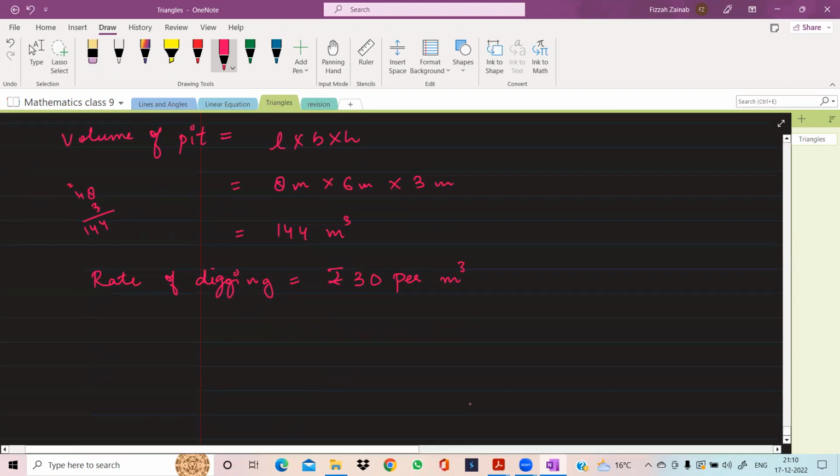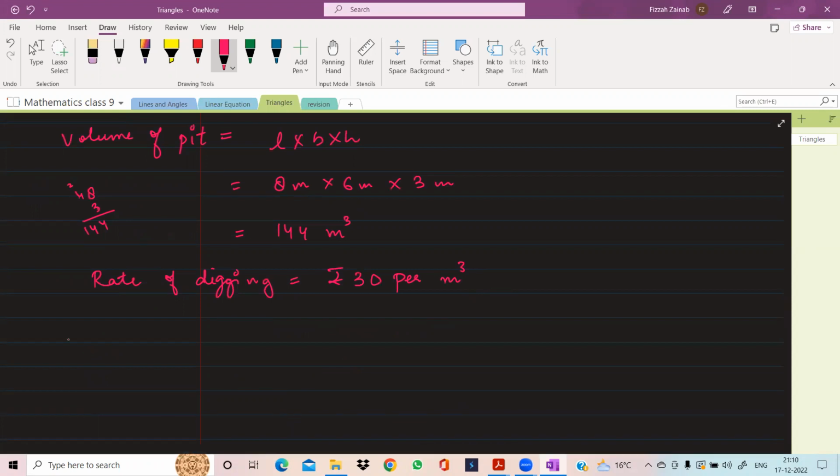Okay. So what is the meaning of this rate? Per meter cube. That means for 1 meter cube, you have to pay rupees 30, right? So cost of digging 1 meter cube. So that is rupees 30, right? Now you have this much meter cube.